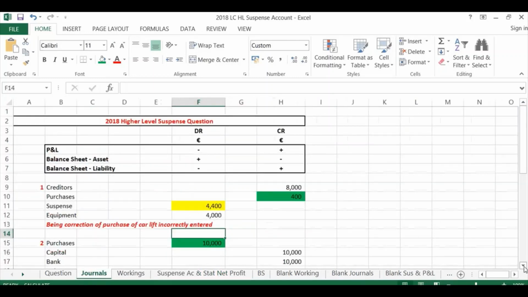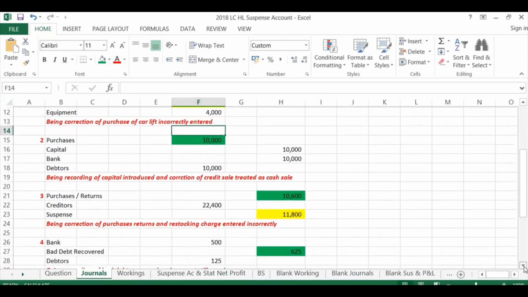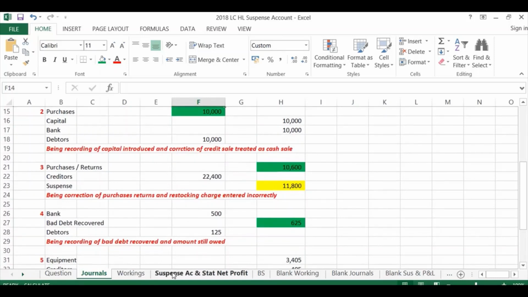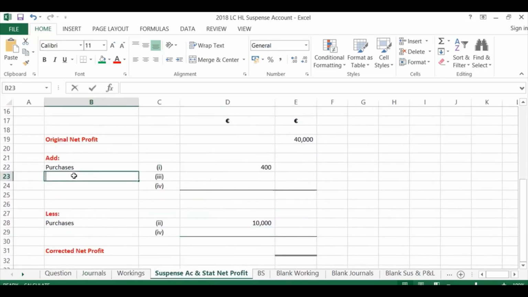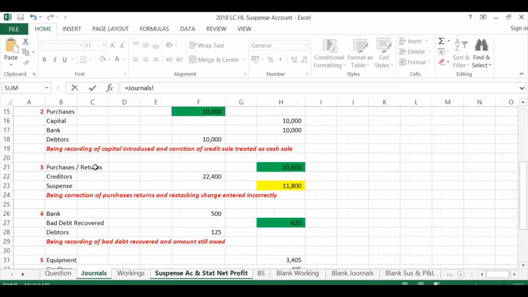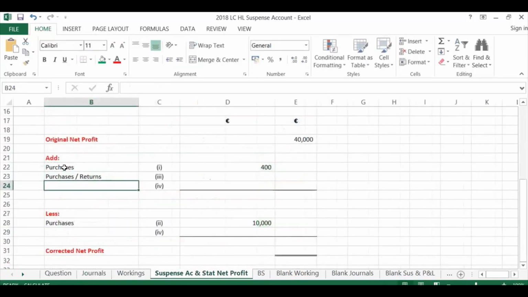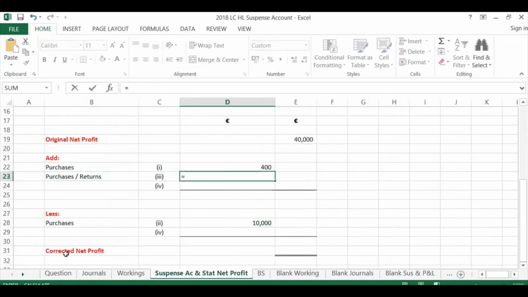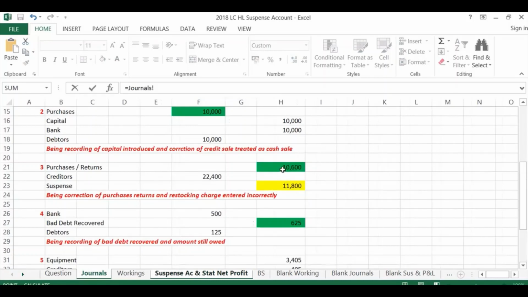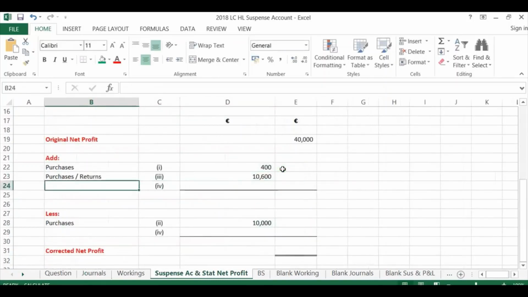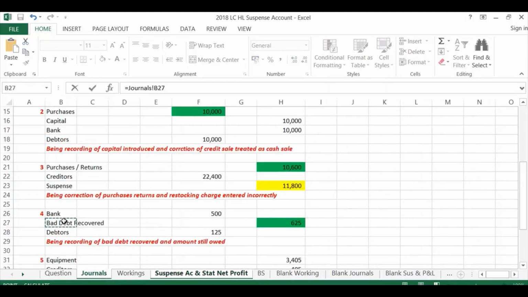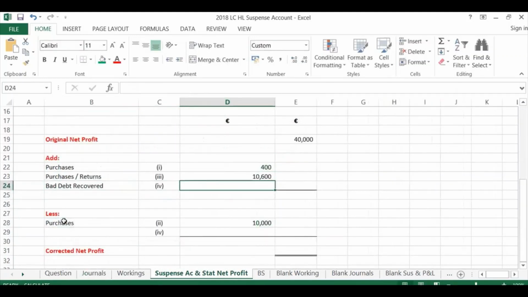My next P&L item is a credit balance of 10,600, which I'm going to add on. My next one is a bad debt recovered, which again is a credit balance I'm going to add.